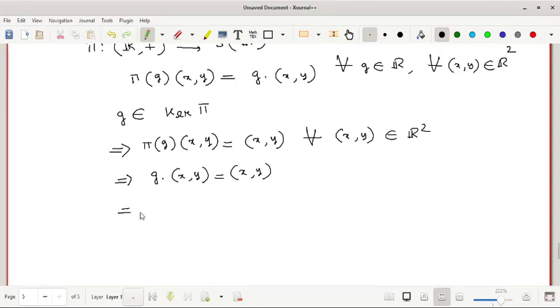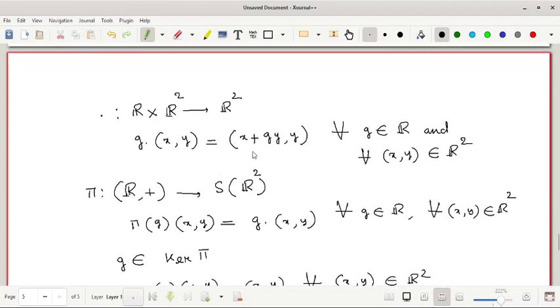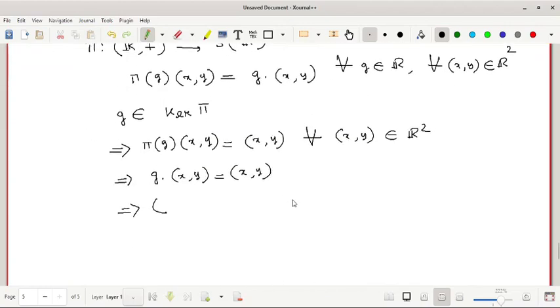Let us try to find out the meaning of this. By definition, g dot (x, y) is (x plus gy, y). So (x plus gy, y) is going to be (x, y).